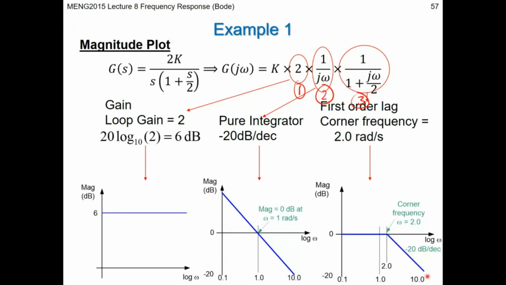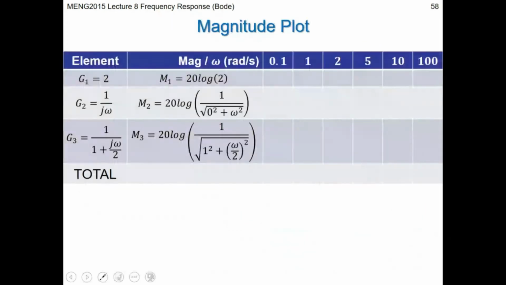Now this is plotting an asymptotic approximation, so it doesn't take into account certain curves in the plot. We have to round it off before it gives an accurate representation. We can do that by determining the value of magnitude at omega equals 2, and then we can plot it precisely.